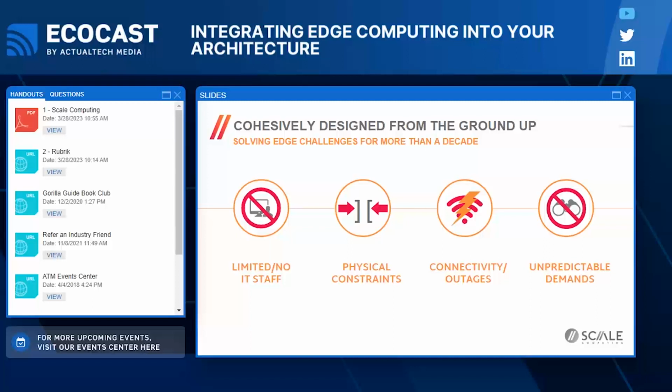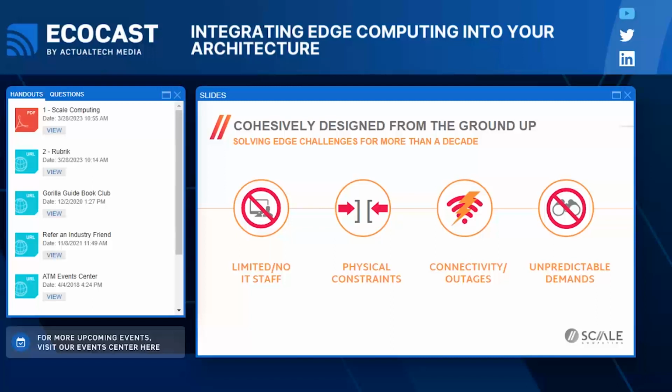And then being able to handle unpredictable demands. Unpredictable demands could be an influx of data that needs to be processed, and that might require deploying new nodes and scaling out the hyperconverged infrastructure very easily and seamlessly. That could also just be things like new applications.